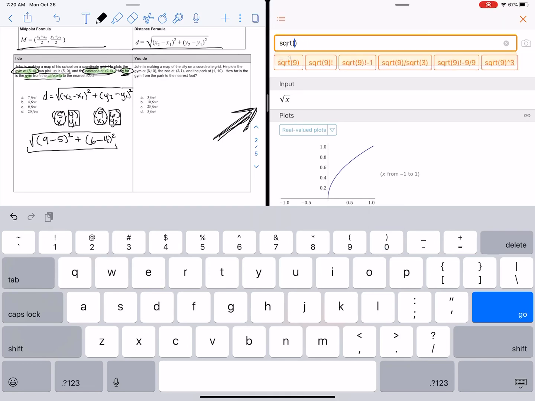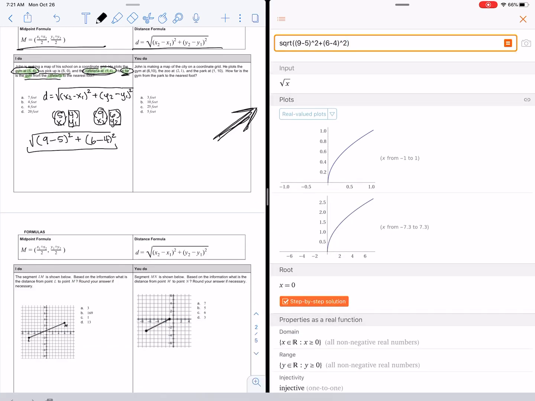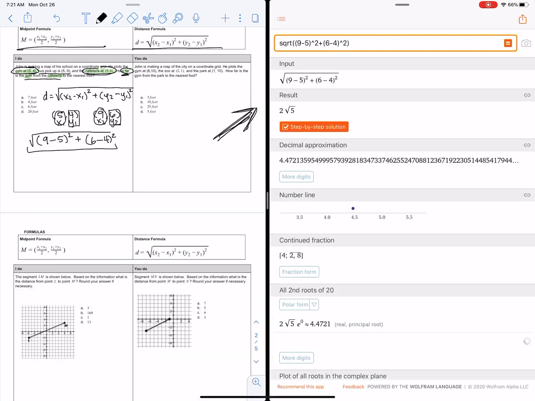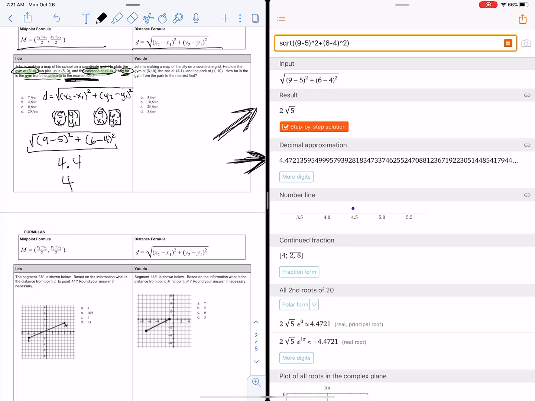Okay, so parentheses, 9 minus 5, parentheses. This little caret right here means squared, plus, parentheses, 6 minus 4, parentheses, that little caret, 2. Okay, so we have our answer right here, 4.4. And it says round. So if we're rounding, 0.4 is not bigger than 5, so it's just going to be 4. So let's try the next one.